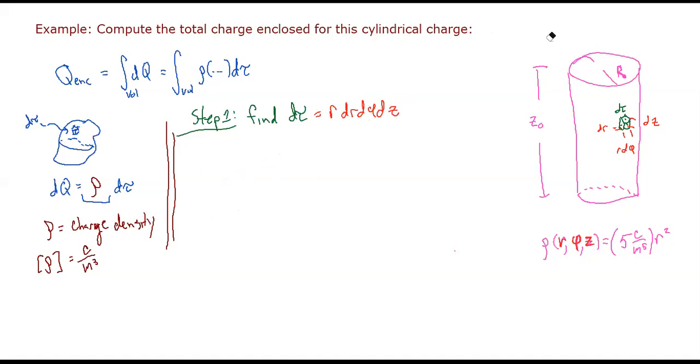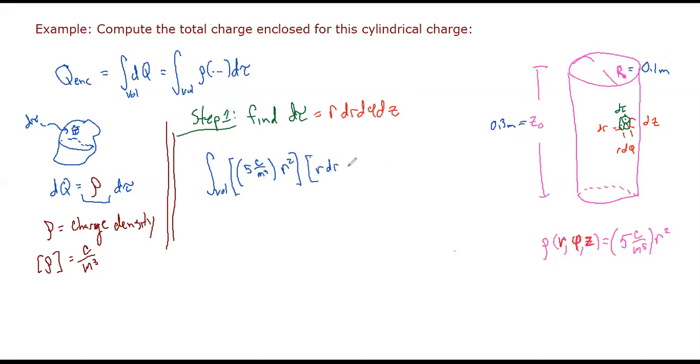Just to put some actual units on these things, let's say that z naught is 0.3 meters and r naught is 0.1 meters. So I can put some meaningful units in there. Now I have the integral over the volume of rho, which is 5 coulombs per meter cubed, times r squared, times d tau, and we now know what d tau is.